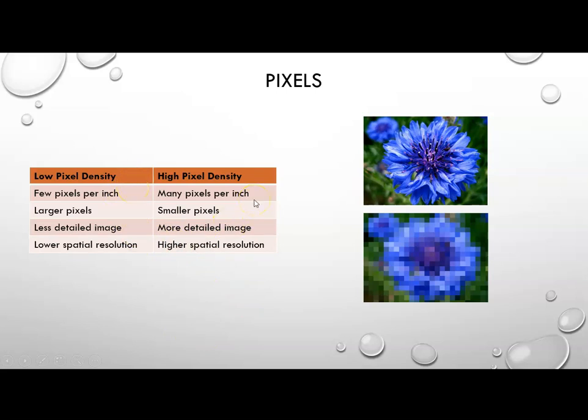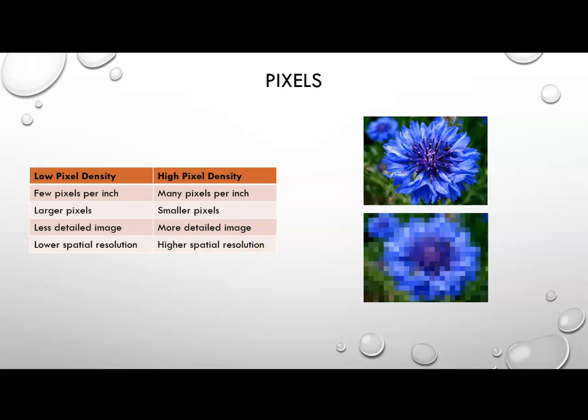More pixels per inch, the higher the image density. When you have low pixel density, each pixel itself is larger and you get less image detail. When you have a higher pixel density, you get smaller pixels and more detailed images.